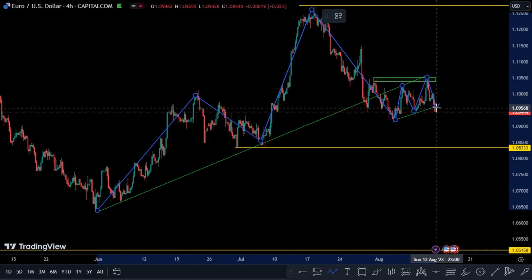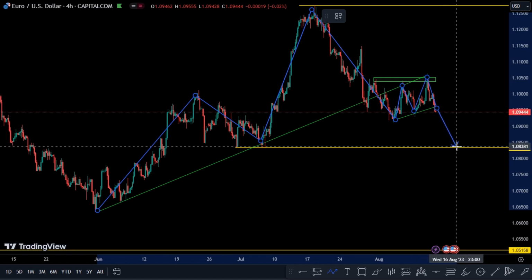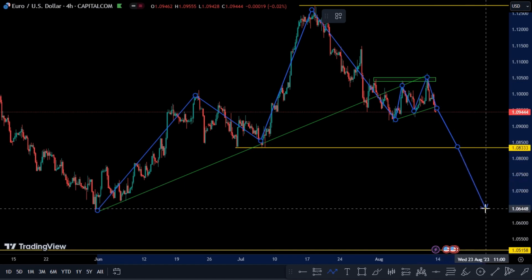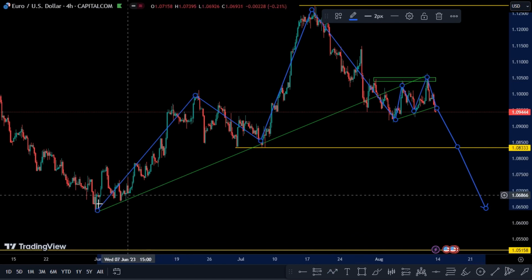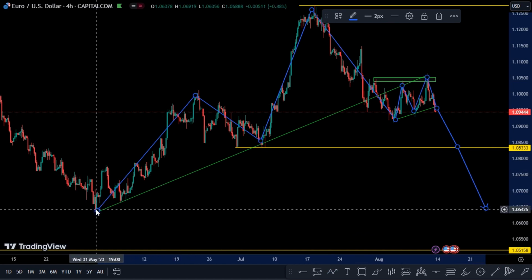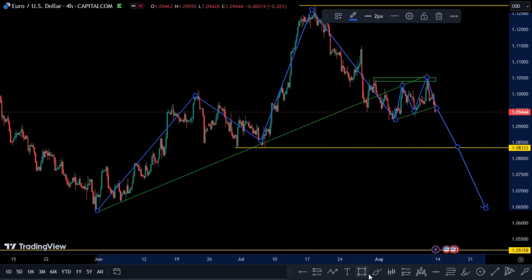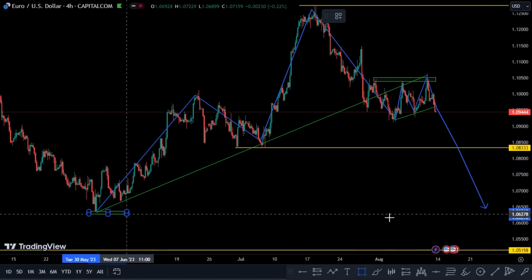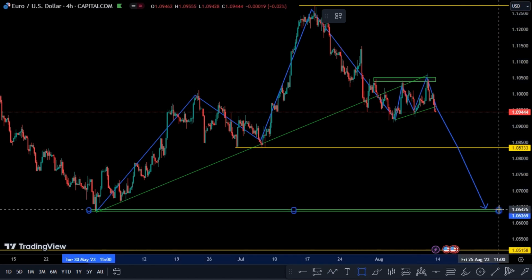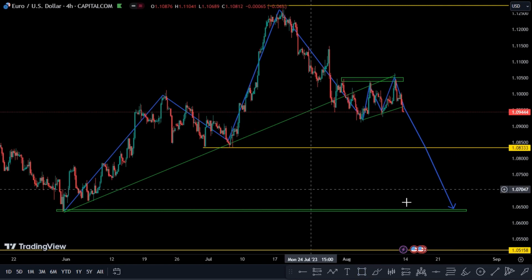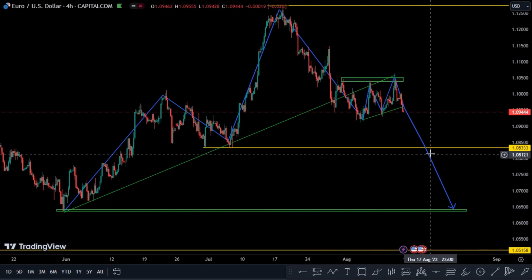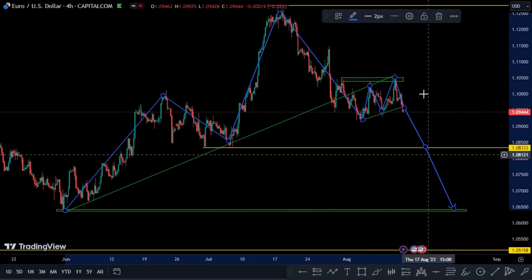So potentially now we are going to be pushing from that structure to this area, and once we break the structure right here, the push is going to be all the way from that area to this point, which would be the 90% rule of this trend line, as you can see. So this would be where we would anticipate the market to reach should we break this support structure right there.